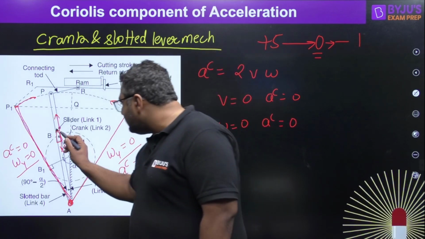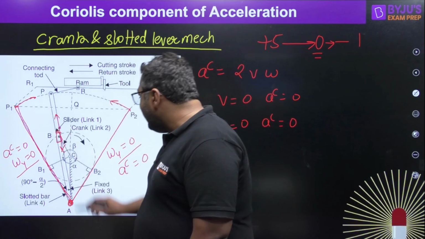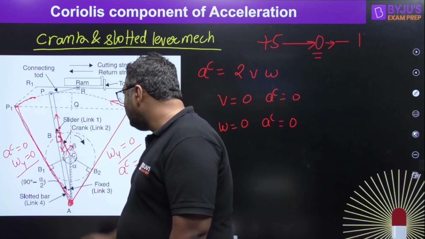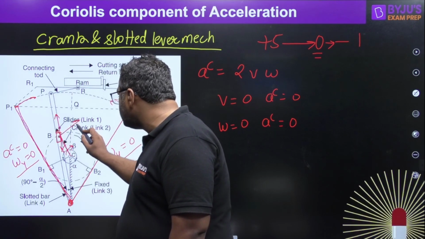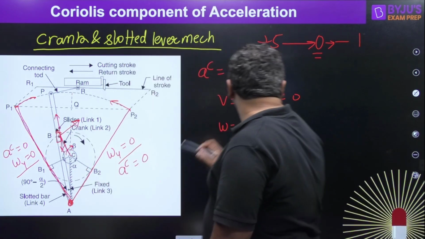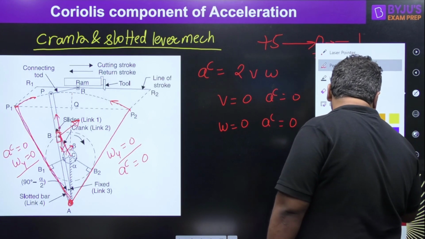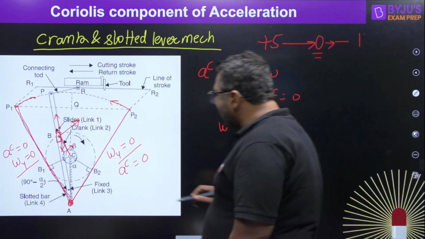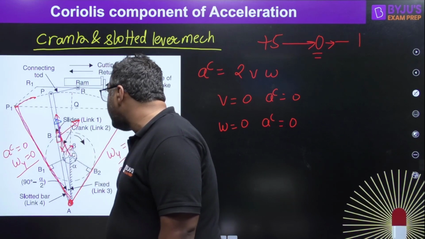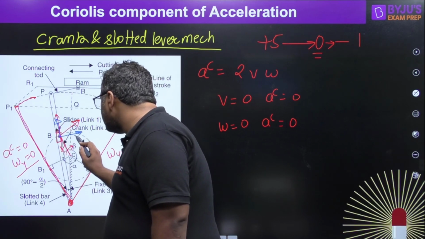If you see, my dear, this slider, when this crank is rotating with an angular velocity of omega, definitely this will be the velocity of this point which is present on the slider. But this velocity once again will be divided into two parts, having two components. One component will be along this slotted bar, the other perpendicular to the slotted bar.